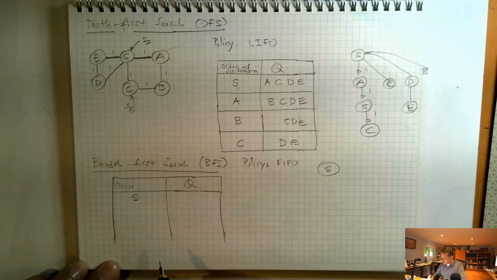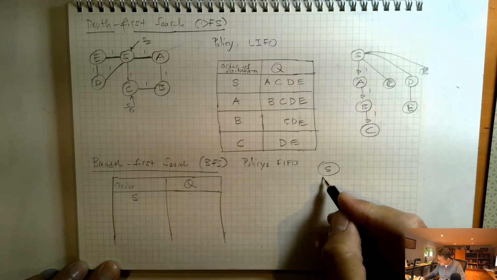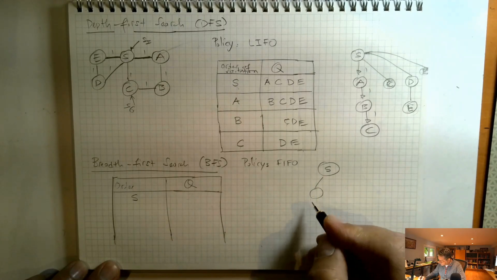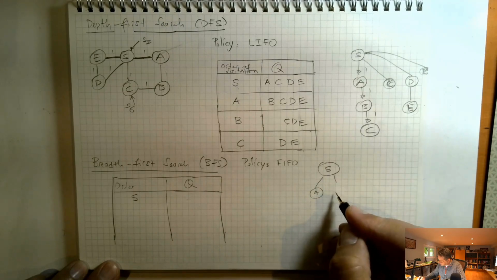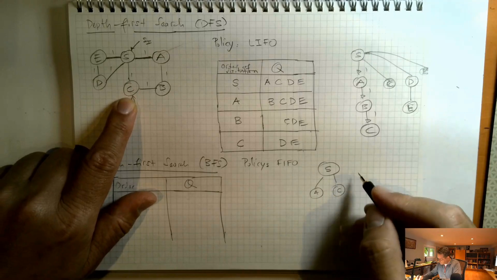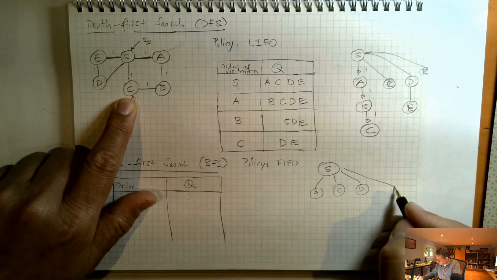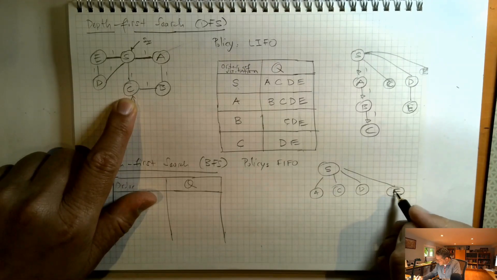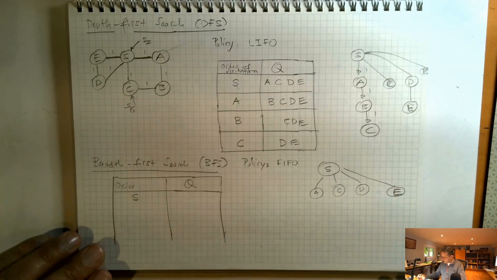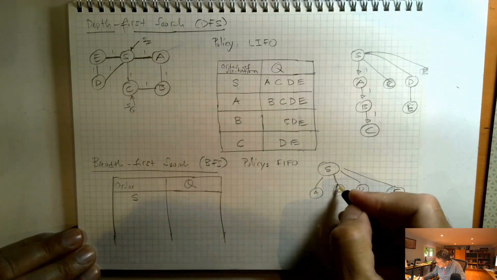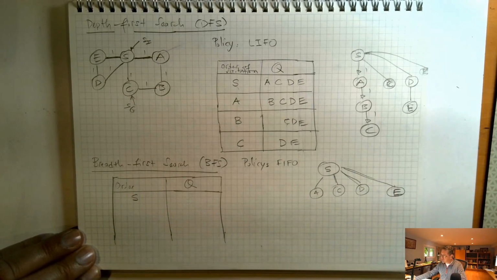So looking at the equivalent table, we can see that we have A, C, D, and E. But here in the FIFO policy, what we do is slightly different.